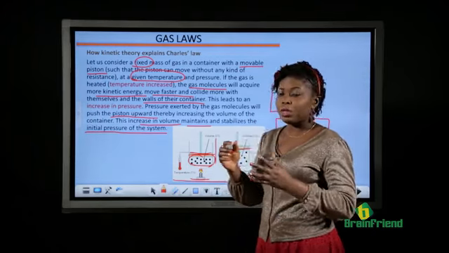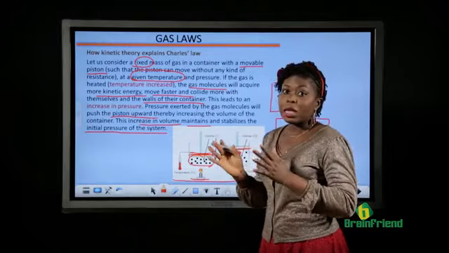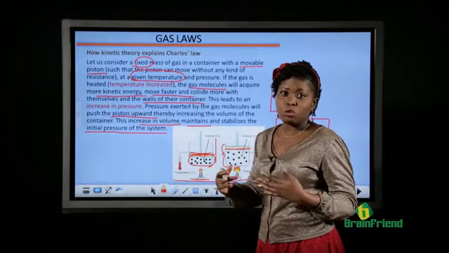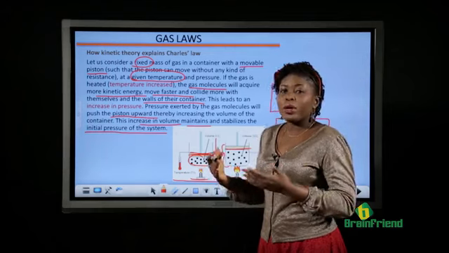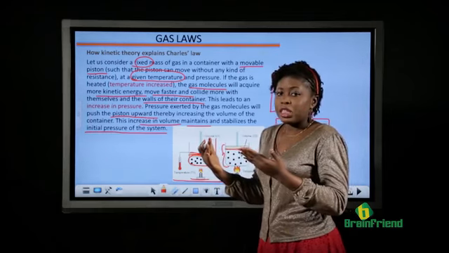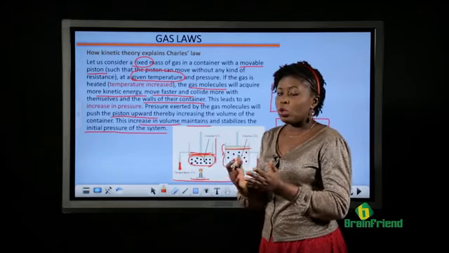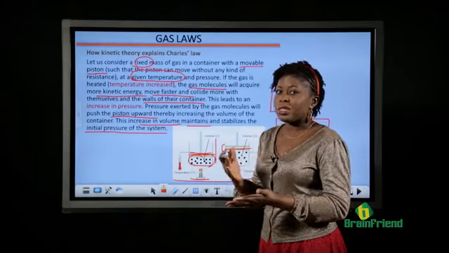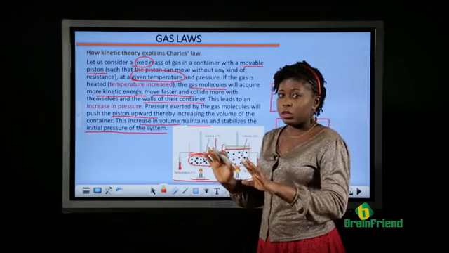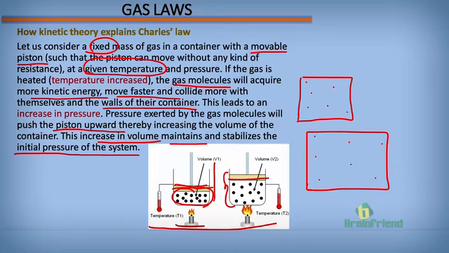And when it does, it means that these gas molecules now have more space to move about. So the rate of collision with themselves and the walls of their container will reduce. So it's a way of checking the pressure of the system.